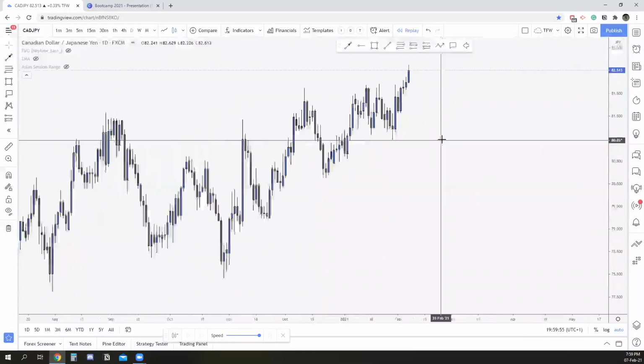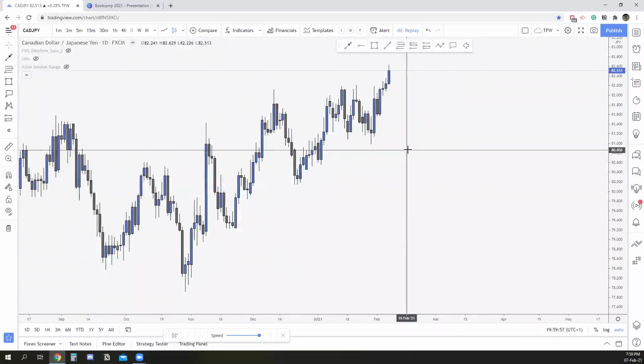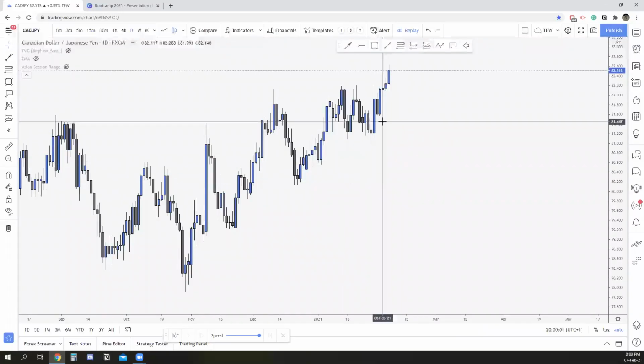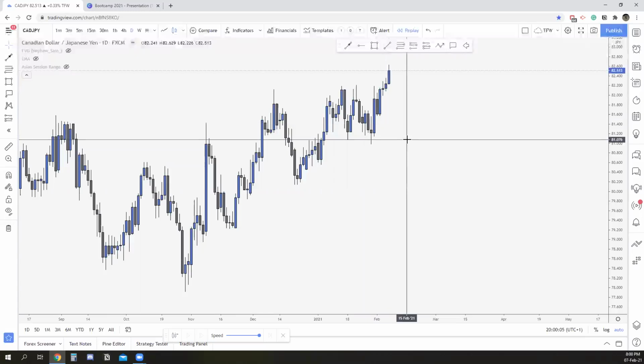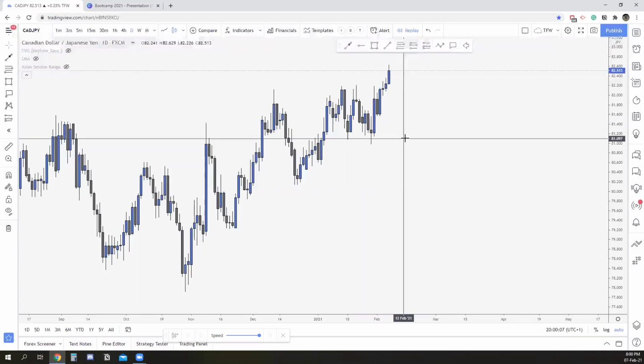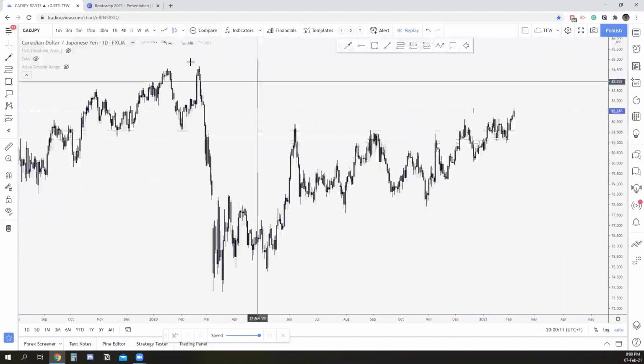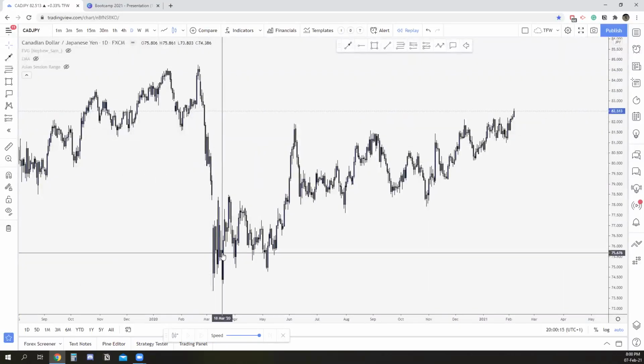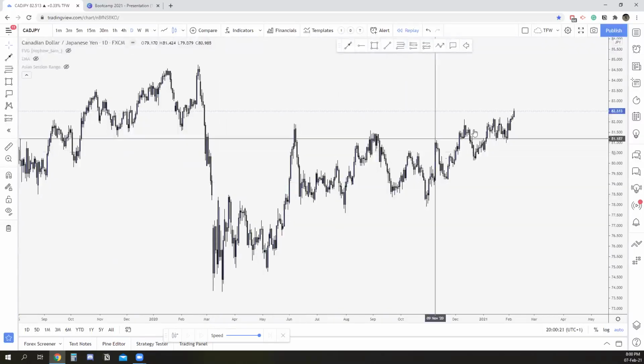If you look from March 2020, it's kind of bullish, but the fractality concept would say that the CAD yen daily time frame would be bearish. Why? Because if you zoom out, you see a break of structure, and all that happened between the swing high and swing low is a complex correction. So it should be for our time frame.